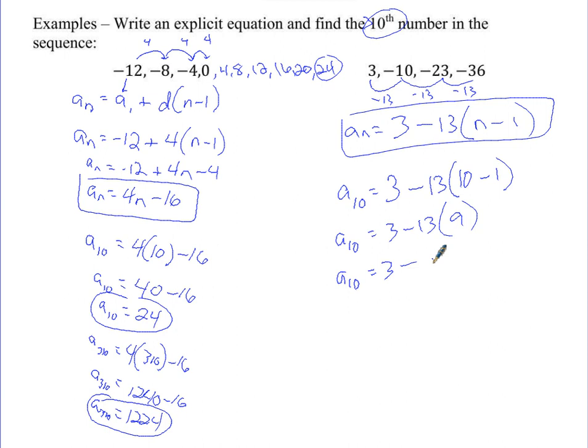So 13 times 9 is 117. So 3 minus 117, a sub 10 equals positive or negative? Negative. 3 minus 117, 114. There's your answer.